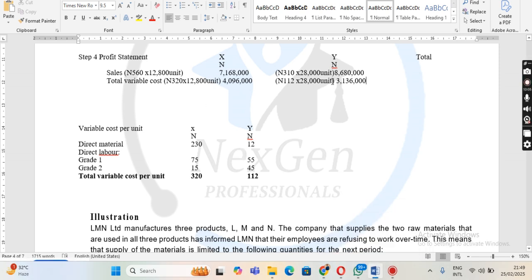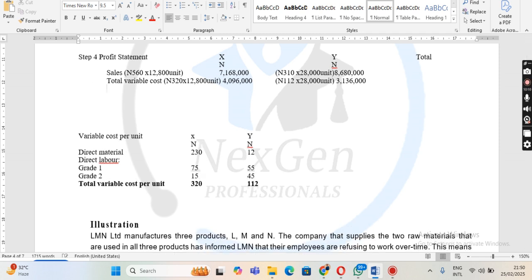Okay. So if this is established, total variable costs, you have your contribution. So what is the contribution? Minus it.